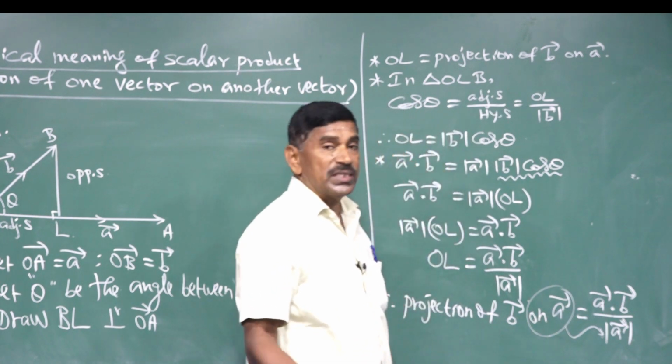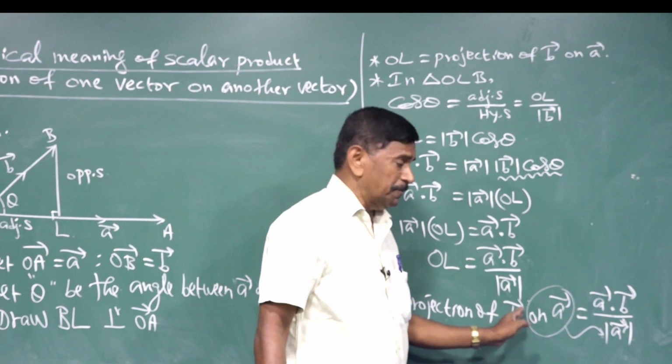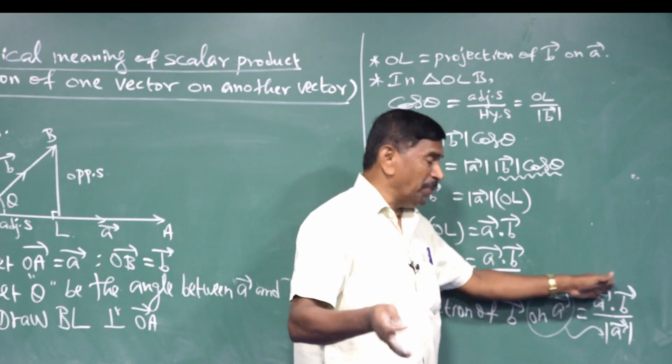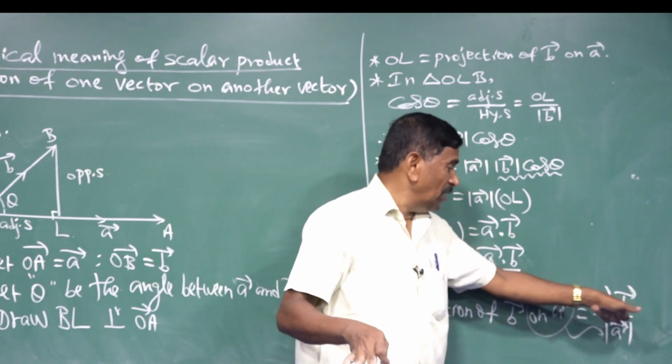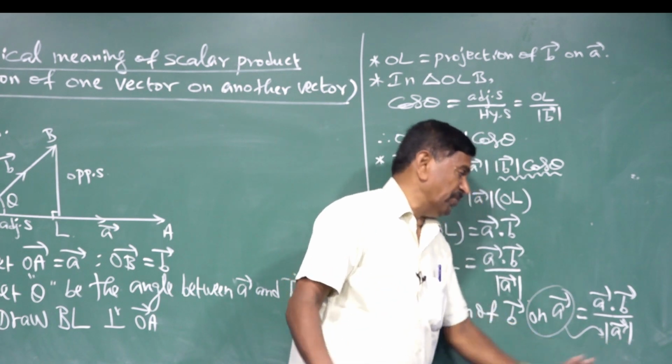That's all. Similarly, you can tell me the projection of A vector on B vector, with the vectors interchanged. Projection of A vector on B vector is equal to numerator fixed, A vector dot B vector, divided by, here "on B vector" means denominator modulus B vector. That's all.